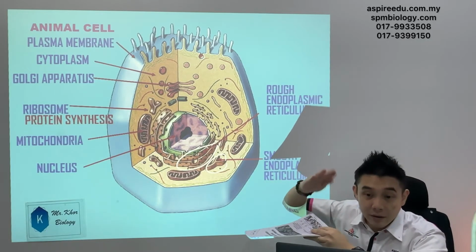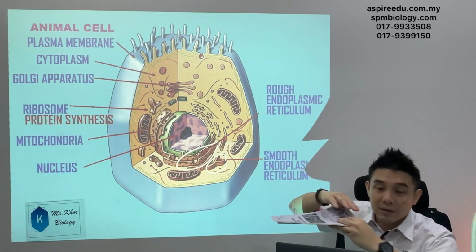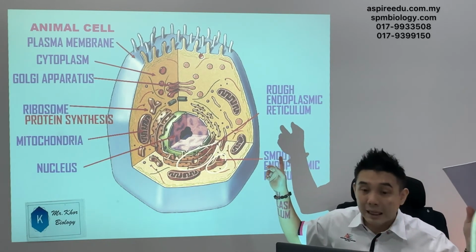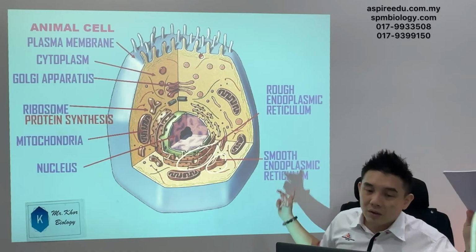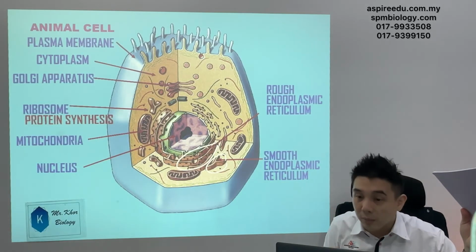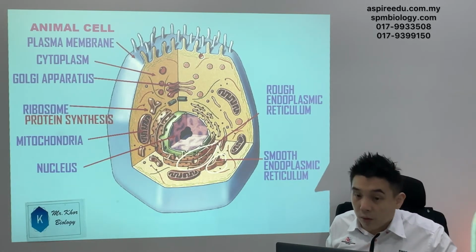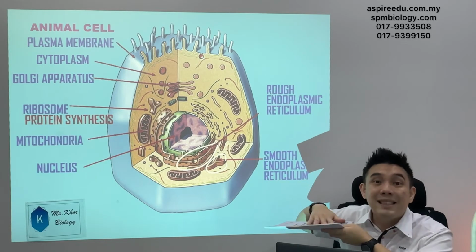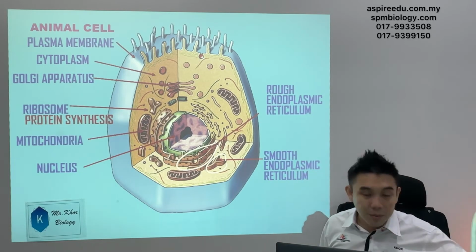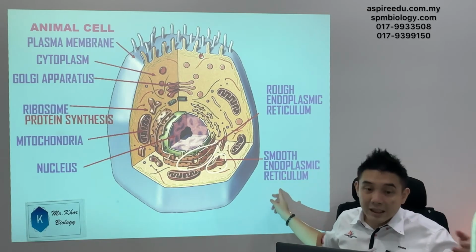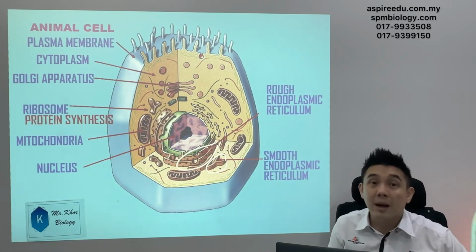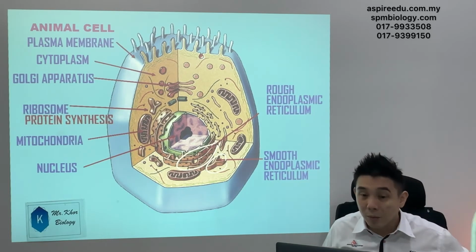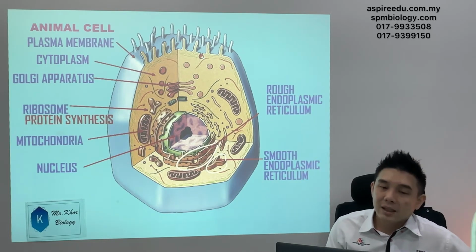The surface is rough. Because the surface is rough, that's why we call it rough endoplasmic reticulum. And because smooth doesn't have ribosome, that's why it's smooth, licin. Dalam BM kita sebut jalinan endoplasma licin dan juga jalinan endoplasma kasar.